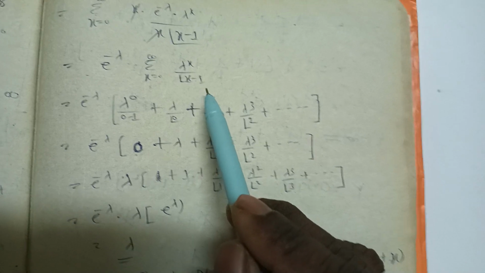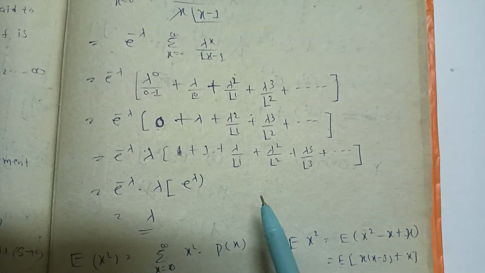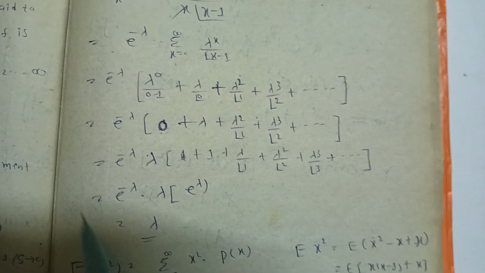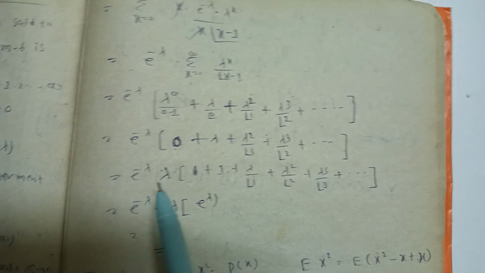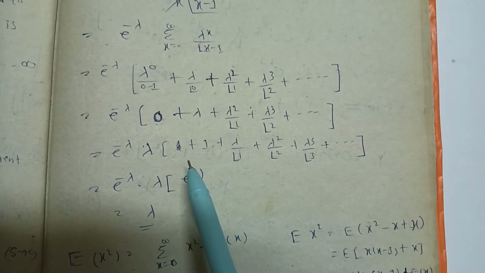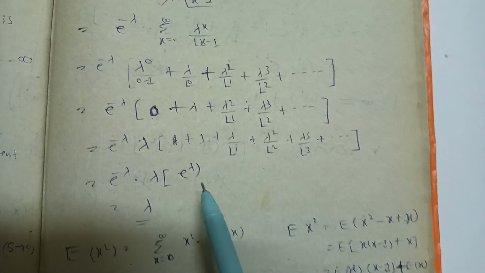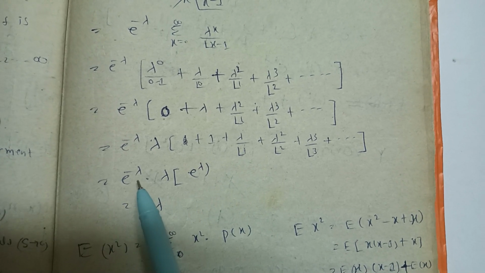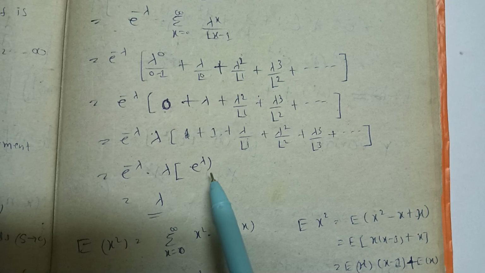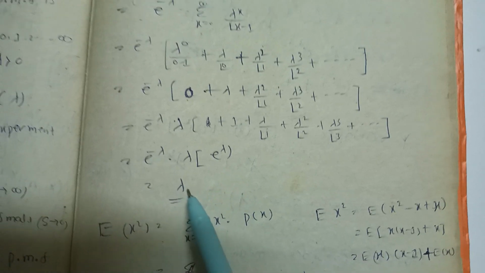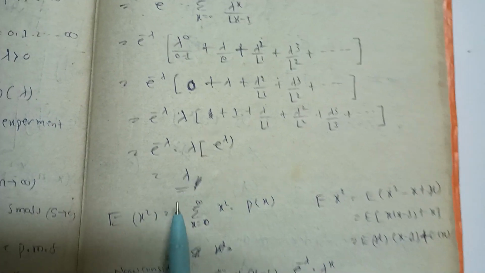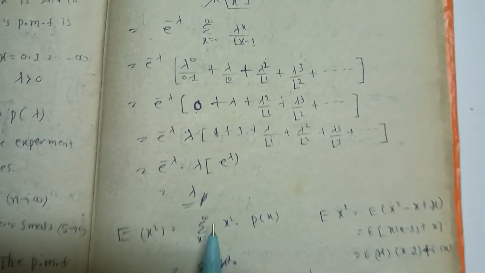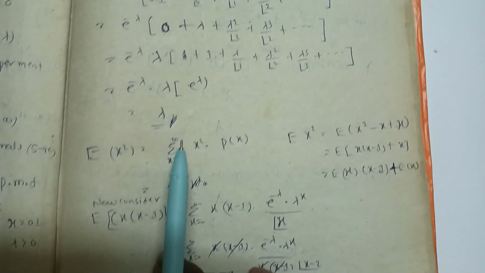We are just expanding this one, as you can see. If you take lambda common, this will be the formula of e to the power of x, that is e to the power of lambda. So e to the power of minus lambda and e to the power of lambda get cancelled, and the mean of the Poisson distribution we got is lambda.